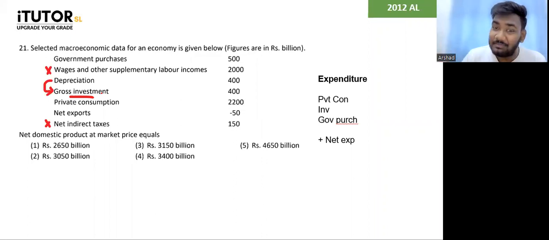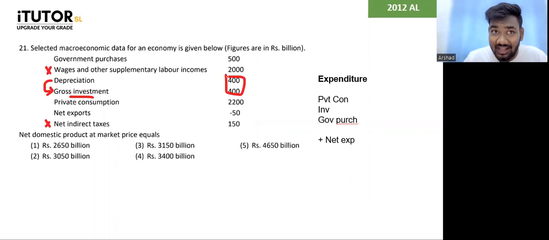When you minus depreciation only, you get net investment. So if they say gross capital formation, that is including depreciation. If they say net capital formation, that is minus depreciation. Now, if someone goes and adds both of these again, then you get the wrong answer. So remember, if it's gross investment or something of gross, depreciation is already included.